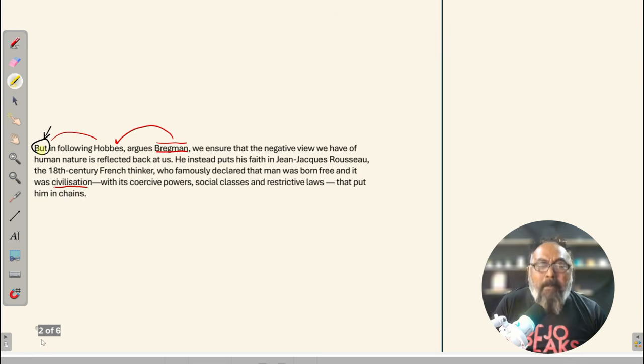Civilization is the problem, human nature is not the problem. That is what Bregman believes, and he's basically using Rousseau to say that. Now we know this particular paragraph is important to us. We still don't know where the author is.